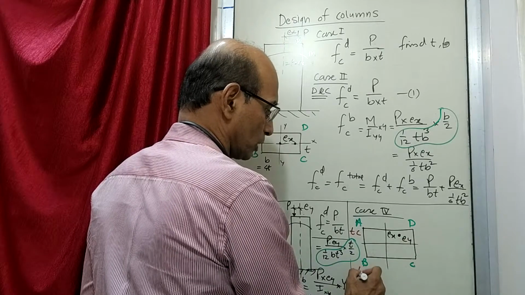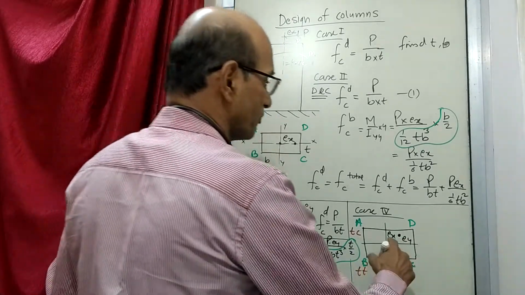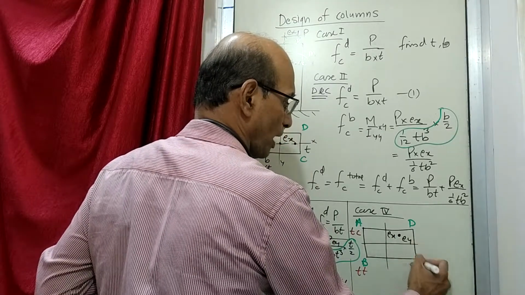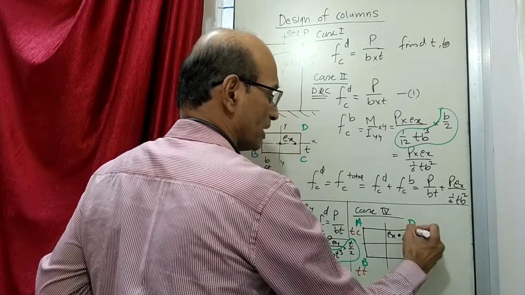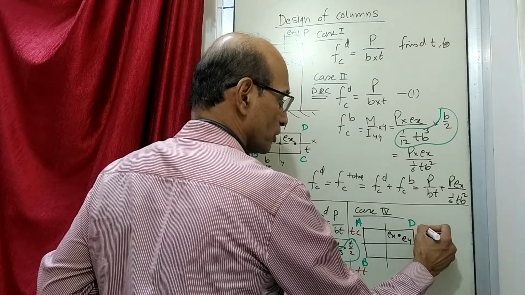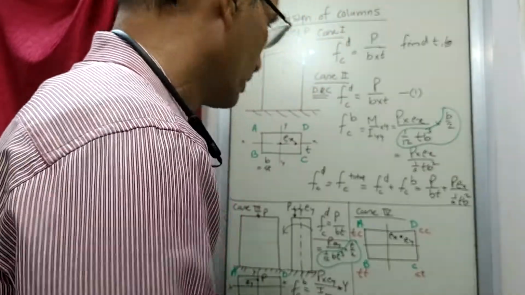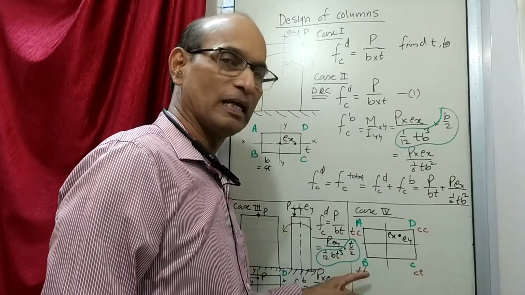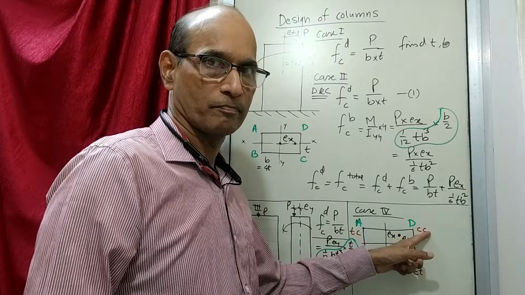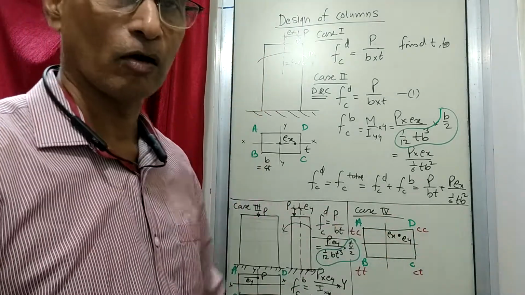Here both are tensile. Here at C, because of Ex it is compressive and because of Ey it is tensile. At D, because of Ex it is compressive, because of Ey also it is compressive. So can you see what variation we have got? Tensile compressive, tensile tensile, tensile compressive, compressive compressive. So they are the types of stresses that are there at all these points.